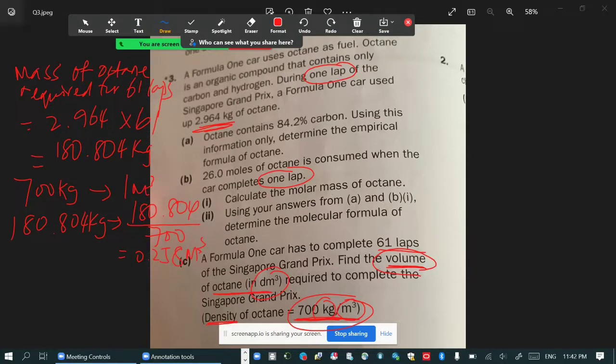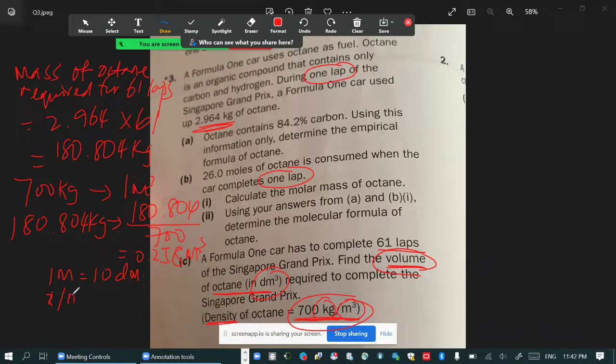But the question wants volume in dm cube. So what is the relationship between dm cube and cubic meter? You need to know the relationship between meter and decimeter. 1 meter is 10 decimeter.